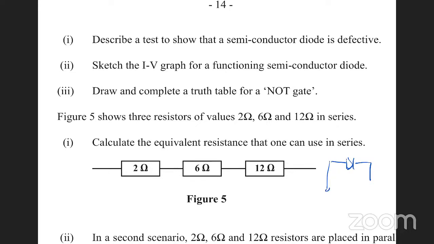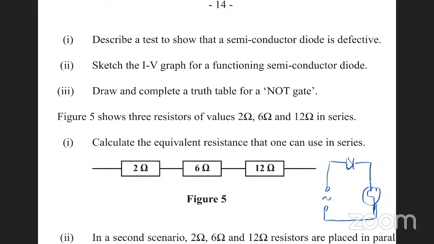AC current, very good, Jamion. And then a what? Probably a battery might help. I mean, a bulb might help. Suppose that diode is working properly. What's supposed to happen to that bulb? It will light and then what?